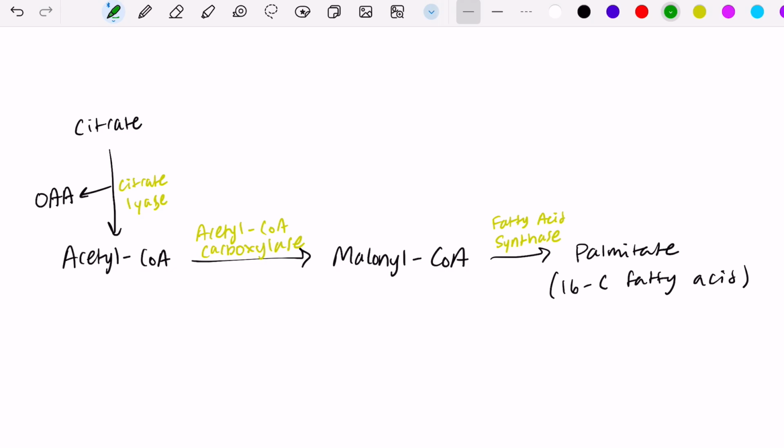Remember, we talked about one of the purposes being to remove sugar from the blood, decrease that blood glucose after a big meal, and the hormone that has the most to do with that is going to be insulin. So you can expect these enzymes that convert those sugar molecules from glucose to citrate to acetyl-CoA, all of that, converting it to fatty acids, you would expect insulin to increase the activity of these enzymes.